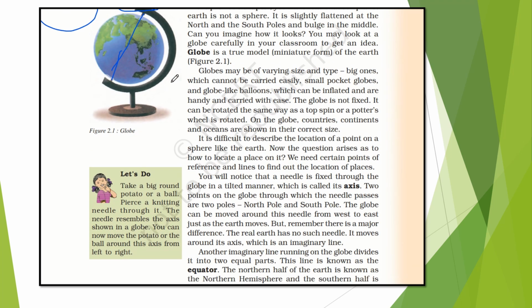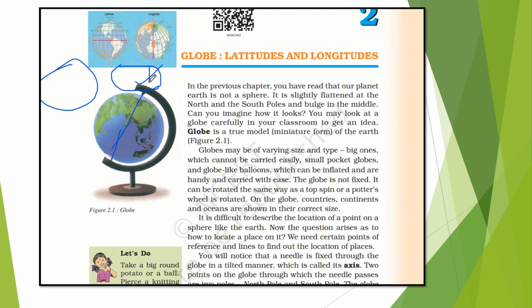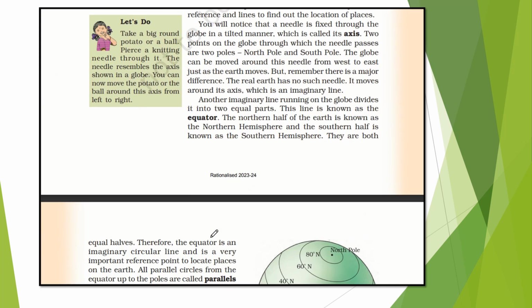The two points on the globe through which the needle passes are the two poles, the north pole and the south pole. This one will be north and this will be south.